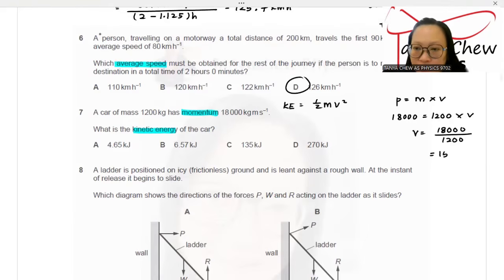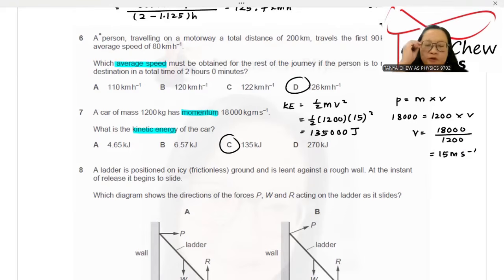So the answer is 15 meters per second. Sub into the equation of the kinetic energy. 1200 times 15, you square it, and you should be able to get 135,000 joules or 135 kilojoules.